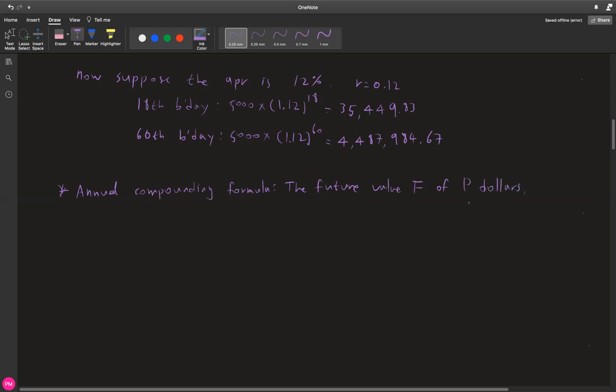In other words, here P is the initial deposited amount or investment account or principal, as we usually call it.